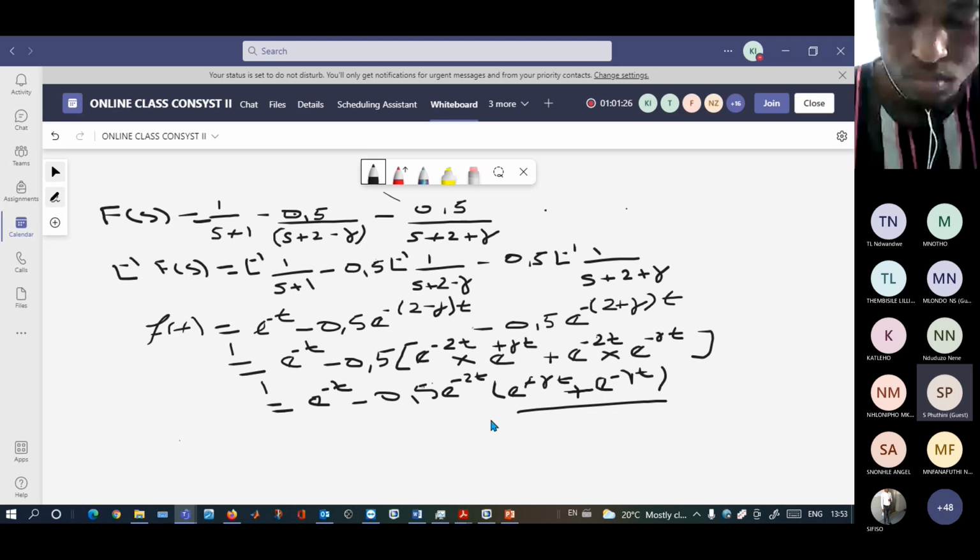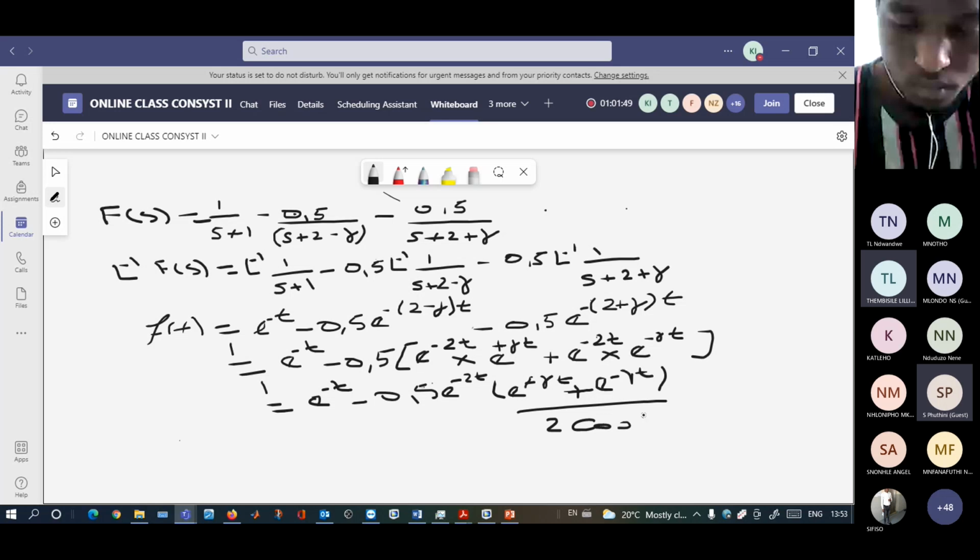Which one? This one is equal to 2 cos theta, right? So this one is equal to 2 cos t.